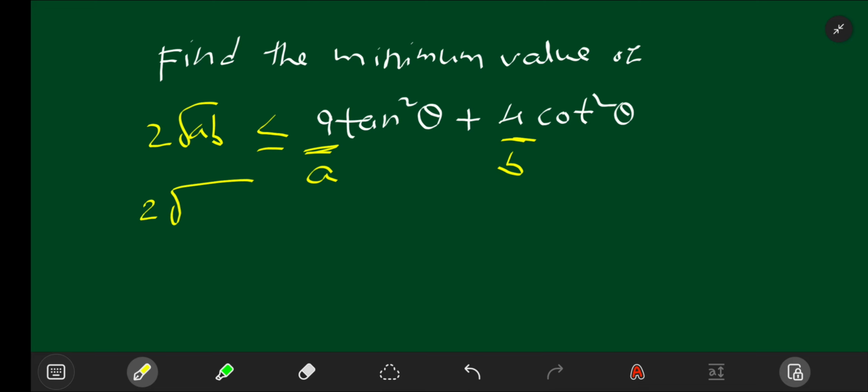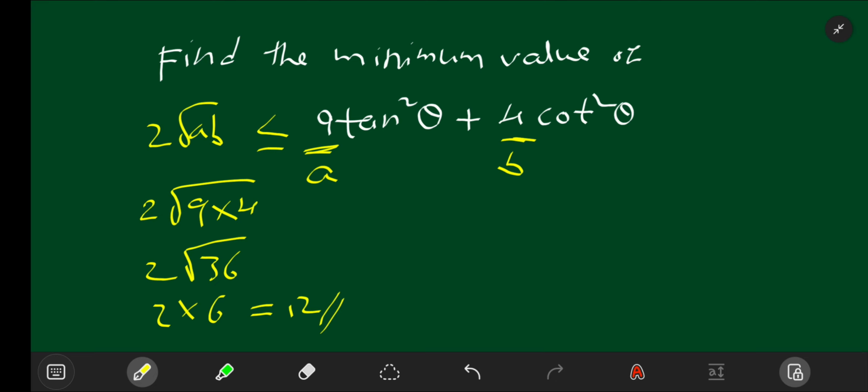At the place of A, 9 is there, at the place of B, 4 is there. So 9 times 4 is 36, root of 36 is 6, 2 times 6 is 12. 12 is the minimum value for this question. Clear with this example?